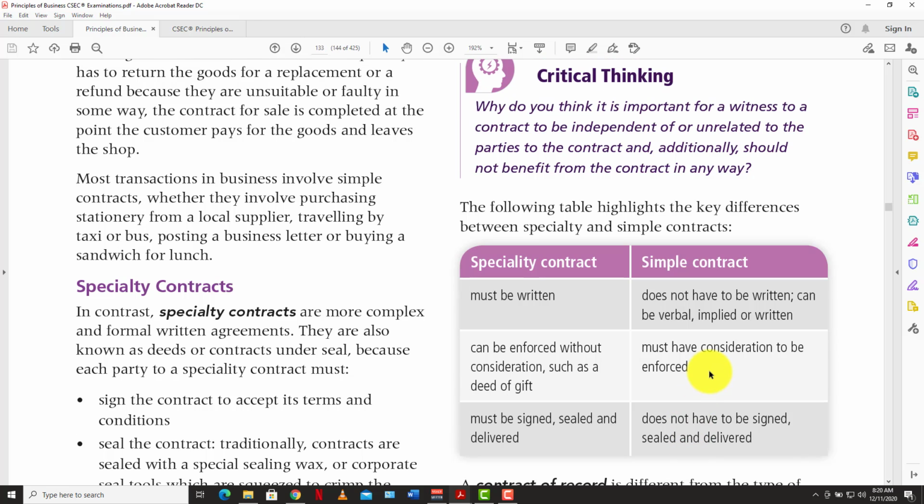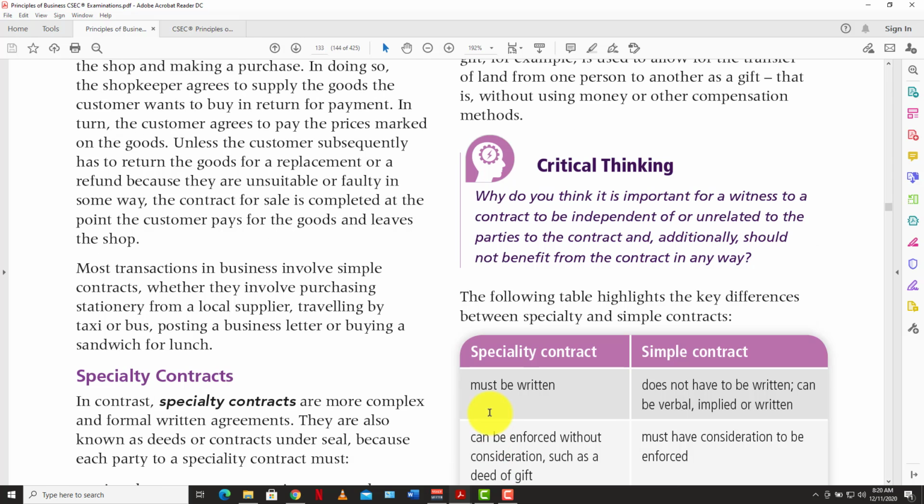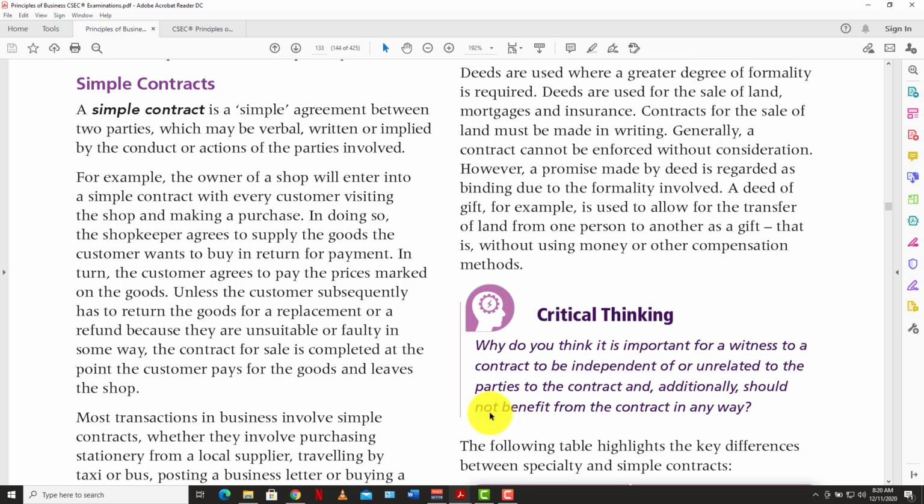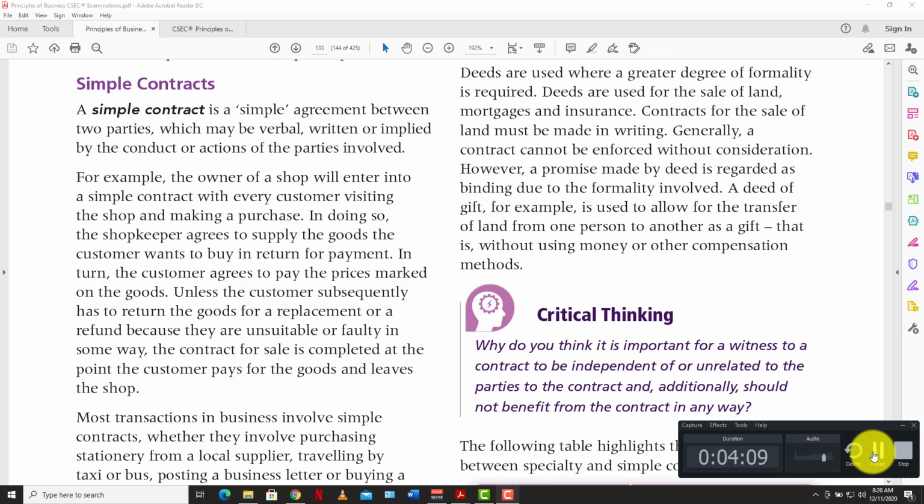So all those are differences and thus characteristics of a simple contract. Does not have to be written, can be verbal, implied, or written, must have consideration to be enforced, and does not have to be signed, sealed, or delivered. All those are characteristics of a simple contract.